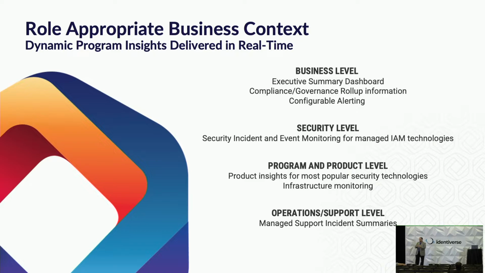Otherwise, you're going to pour yourself a volume of information to look through and determine if there is something that seems out of band. Okay? If I can give you a real-time dashboard that says, this is a problem, okay? This increases value of my identity and access management program.